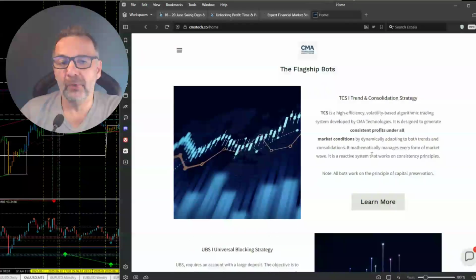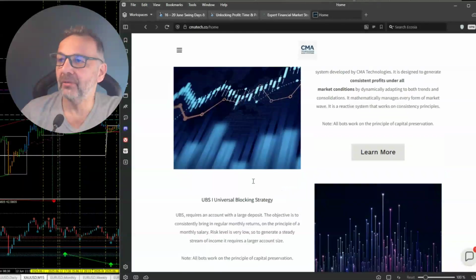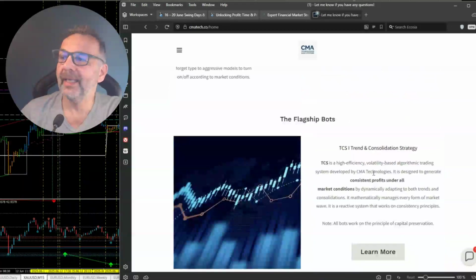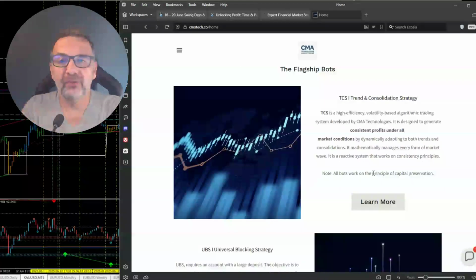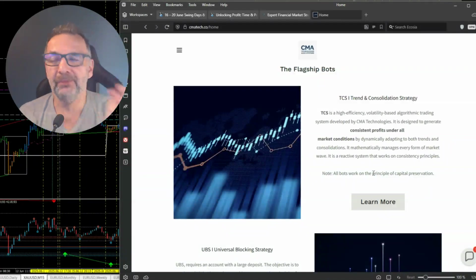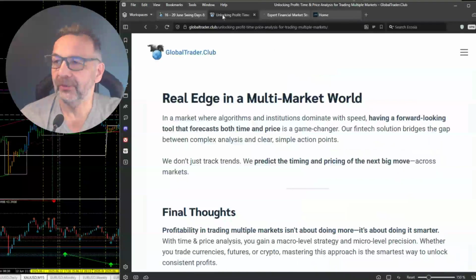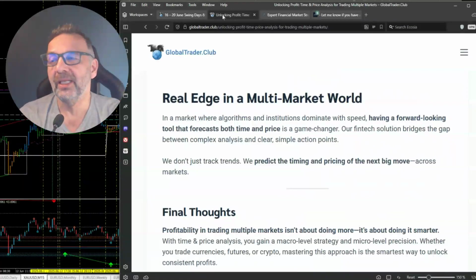Actually, we've got two models here, the TCS and the UBS. They're for hedge fund style trading. UBS is for smaller accounts, and we also have two new ones coming up that are precisely qualified for high frequency trading using the same methodologies at a micro level.